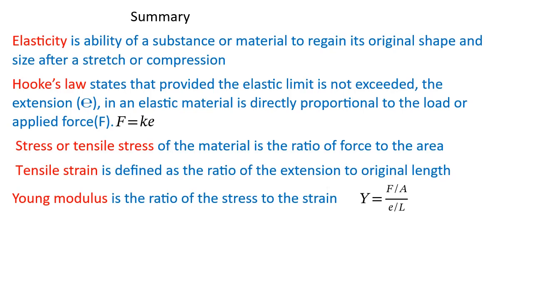Young modulus is the ratio of the stress to the strain. Therefore, Y equals F over A divided by E over L. Remember, the unit of Young modulus is Newton per meter squared, and strain does not have units.